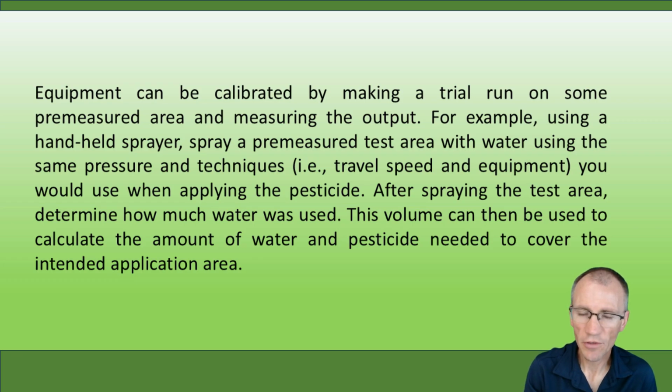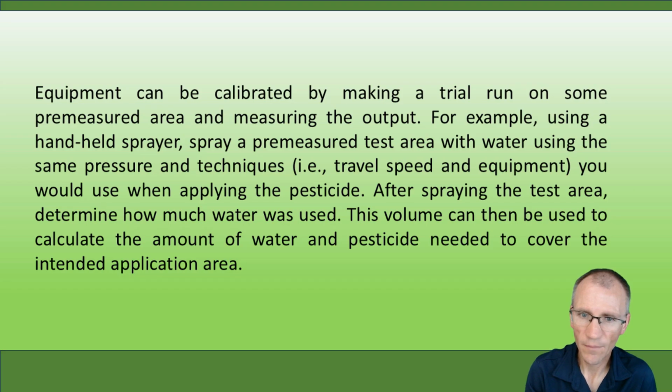For example, using a handheld sprayer, spray a pre-measured test area with water using the same pressure and techniques, i.e., travel speed and equipment, you would use when applying the pesticide. After spraying the test area, determine how much water was used. This volume can then be used to calculate the total amount of water and pesticide needed to cover the intended application area.